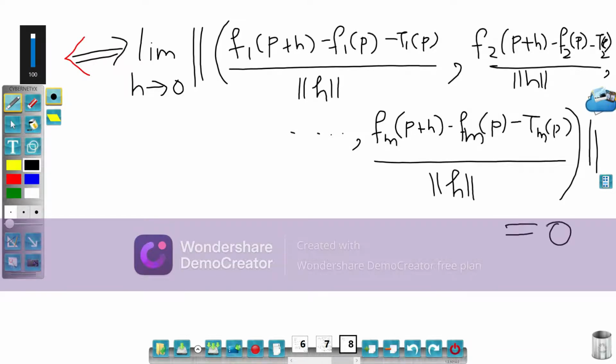So the limit of this norm is 0, that means the limit of the vector is 0.